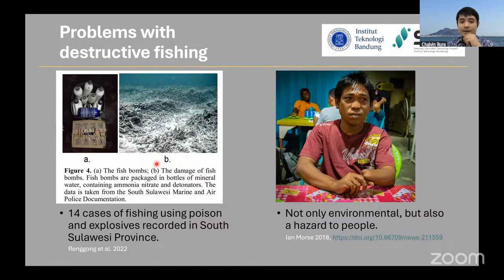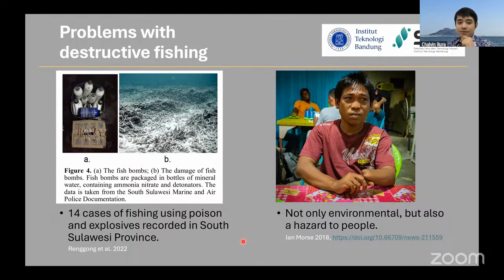It's a very dangerous practice, but sadly some locations are still using it, even though there are already regulations and rules, the enforcement is not effective. People are not deterred from using these practices. Even though the environment is destroyed, it is also hazardous to the person using it.